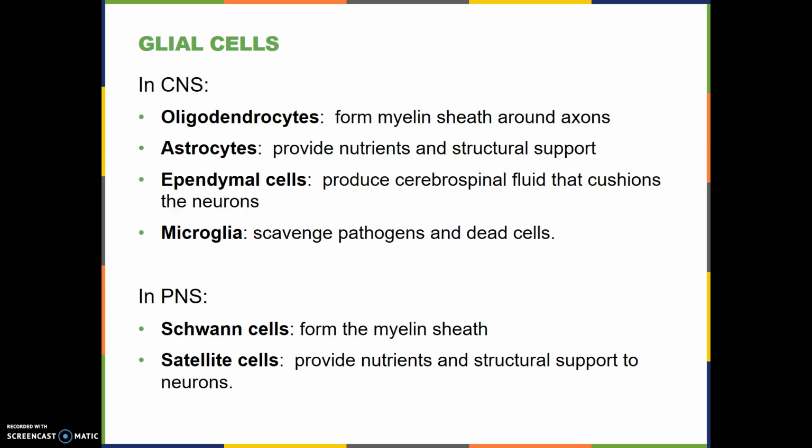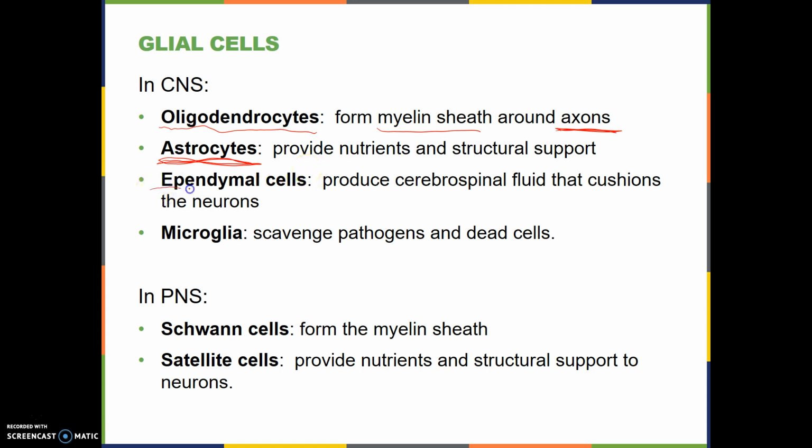So here are the notes on the glial cells. In the central nervous system, oligodendrocytes form the myelin sheath, the insulation around the axons. The astrocytes form the blood-brain barrier, and I know what it says here, but that's what they do.